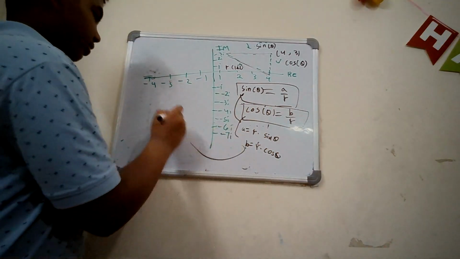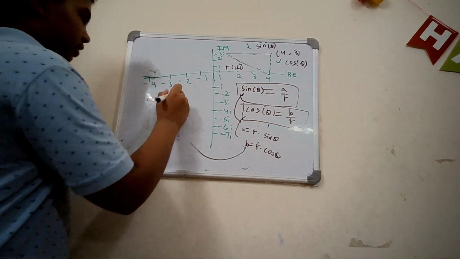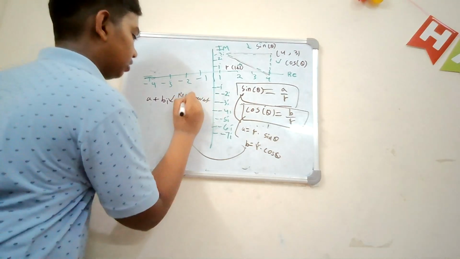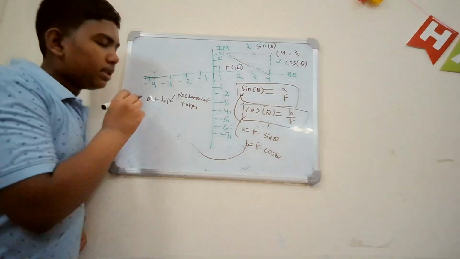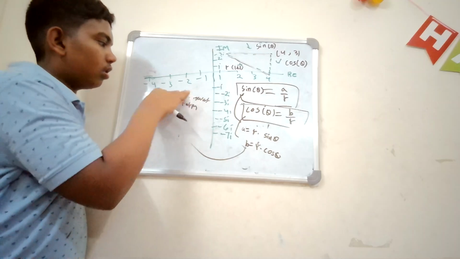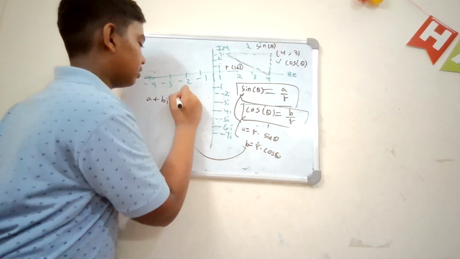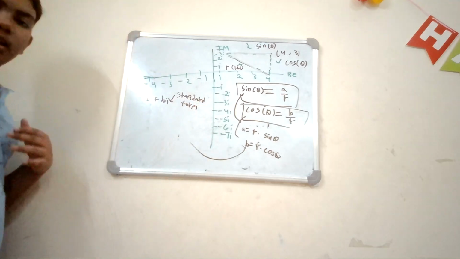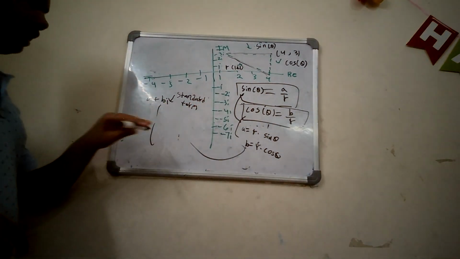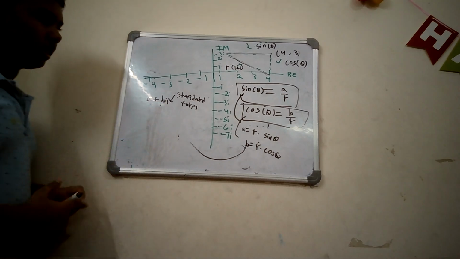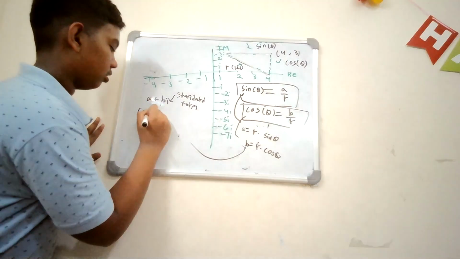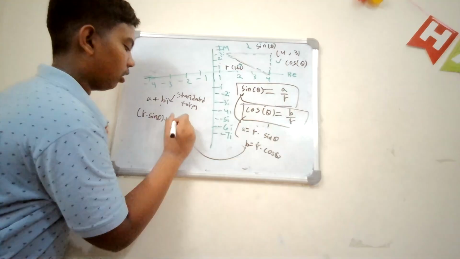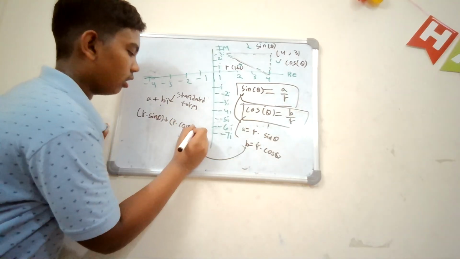Now we're just going to substitute this in A plus Bi. This A plus Bi is also known as the rectangular form, the standard form. Okay, now substitute the values. So what is A? R into sine theta plus R into cos theta of i.